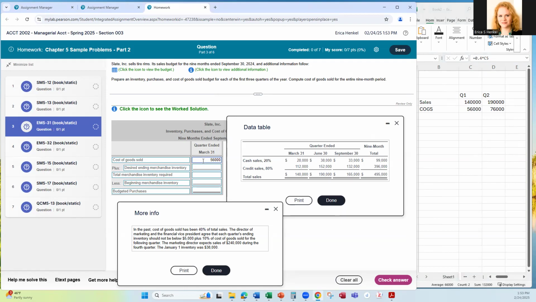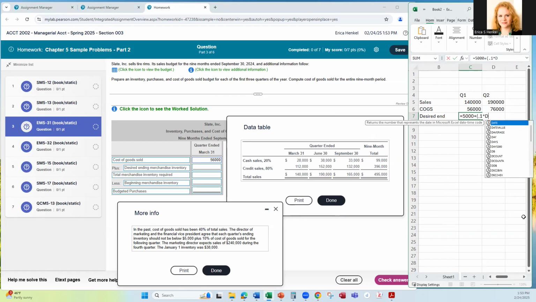Our desired ending merchandise inventory: each quarter's ending inventory should not be below $5,000 plus 10% of cost of goods sold for the following period.